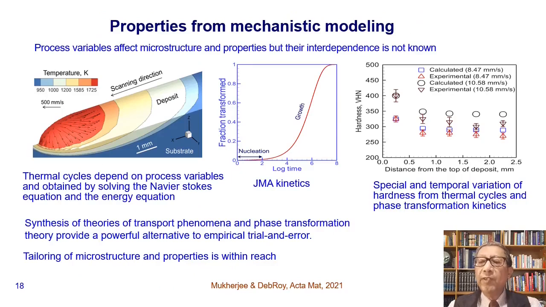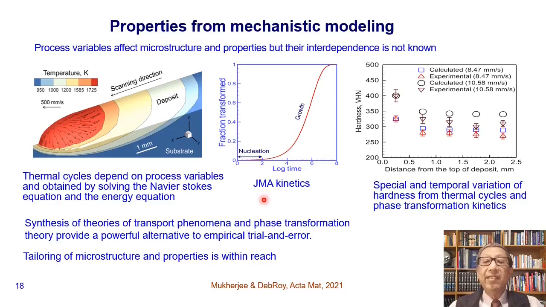We are also trying to use the results of mechanistic modeling to predict simple mechanical properties like hardness. So the first step, of course, is to solve the Navier-Stokes equation and energy equation to get thermal cycles, and integrate the thermal cycles with the kinetic data for transformation.